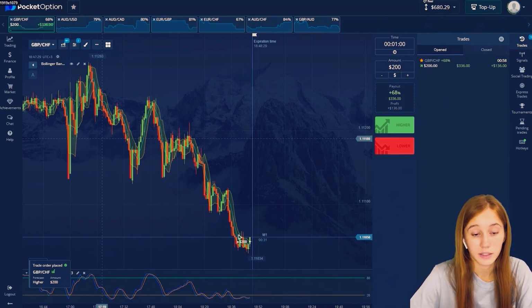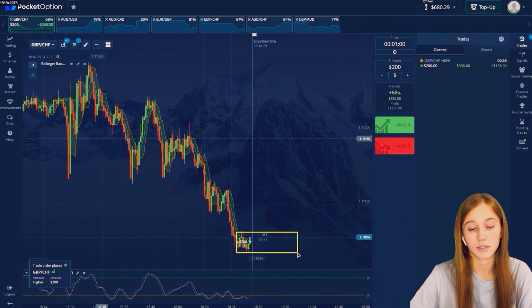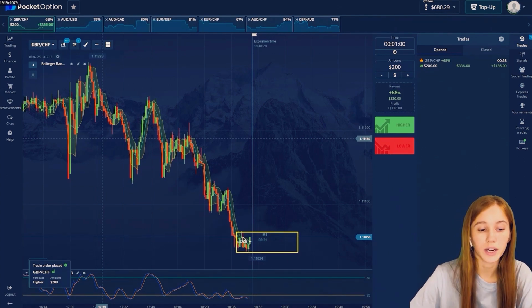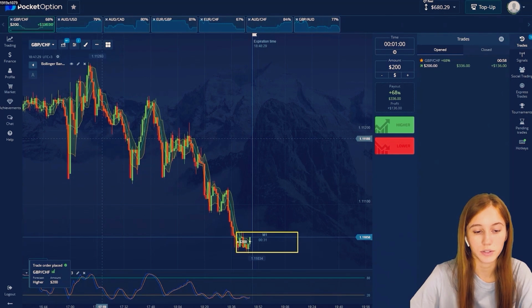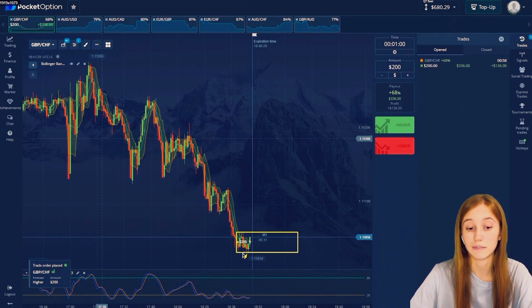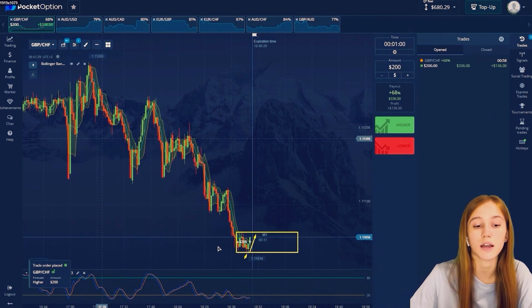We see consolidation here, but nevertheless, this consolidation can also be traded, though no one recommends that you do this if you're new to this area. However, we'll immediately pay attention to these squares, which are approximately areas of resistance and support.